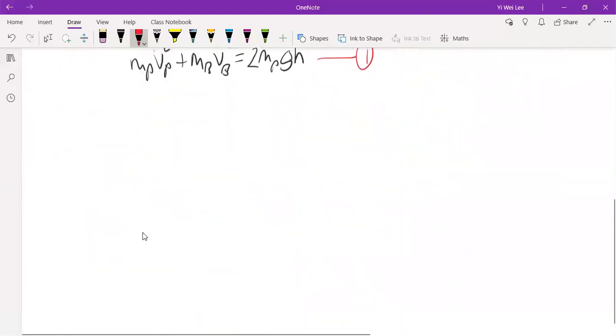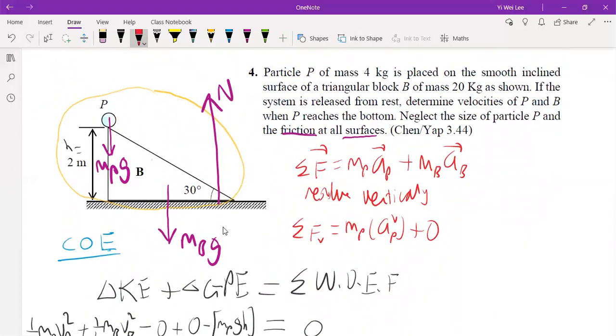Okay, now, since we know that the external vertical force would be non-zero, it means that momentum is only conserved horizontally. Momentum is not conserved vertically.